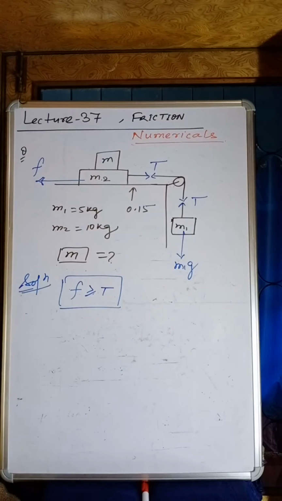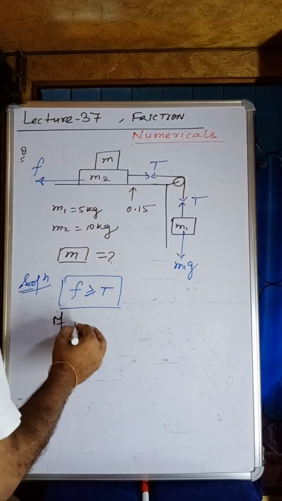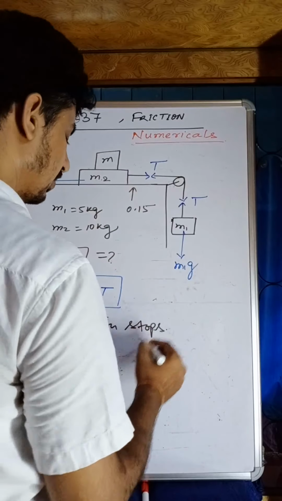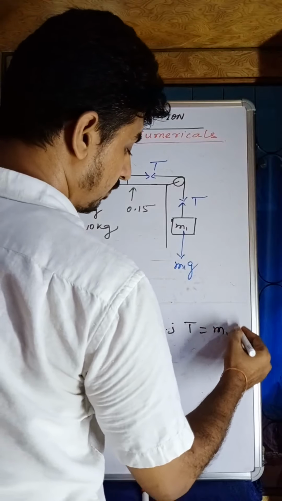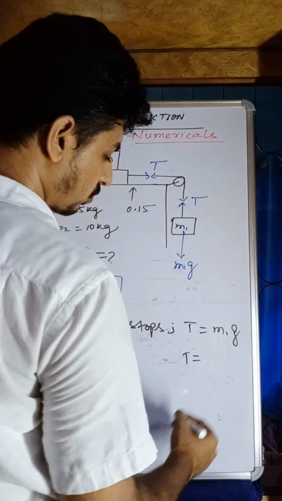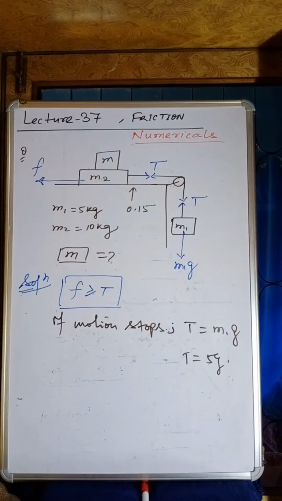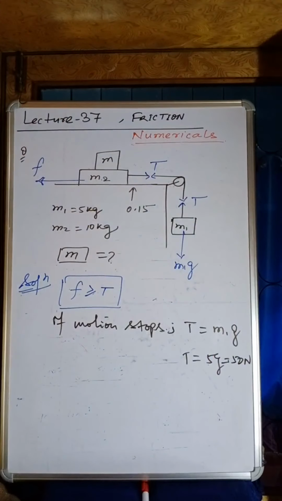Look here. If motion stops, what can we write here? The tension T can be written as M1g, which is equal to how much? 5g. It is 50 Newton.